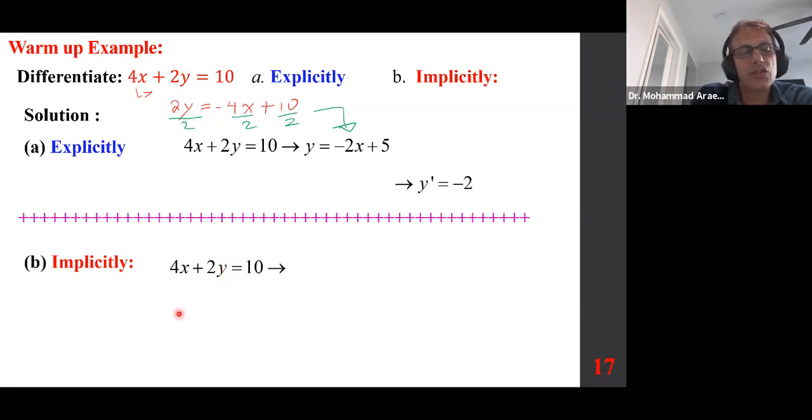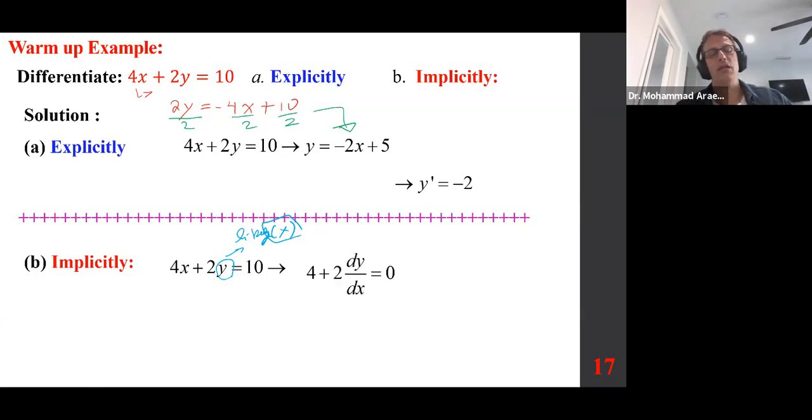Because y is the same as g of x, class. Remember, y is like g of x. So 4x gives you 4, 2y gives you 2y prime, and a number gives you 0, any number.